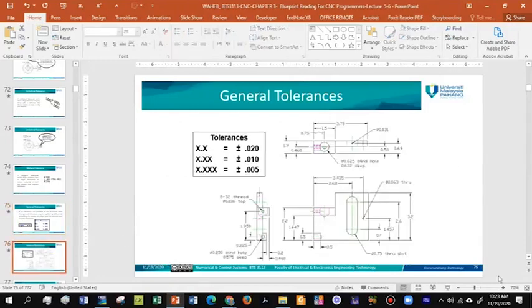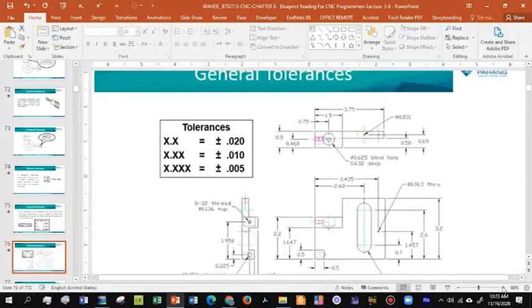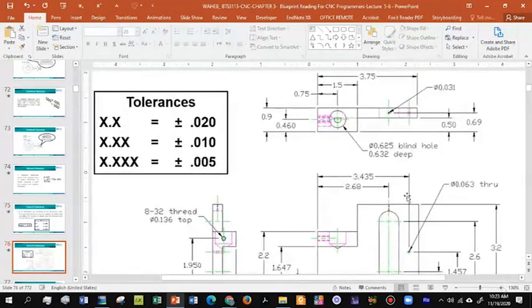So as you can see here, for example, if they gave you this type of tolerance, they said any number with one digit has a tolerance of plus minus 0.020. So you can find the dimension which consists of one digit, for example, and you add the tolerance of 0.02.